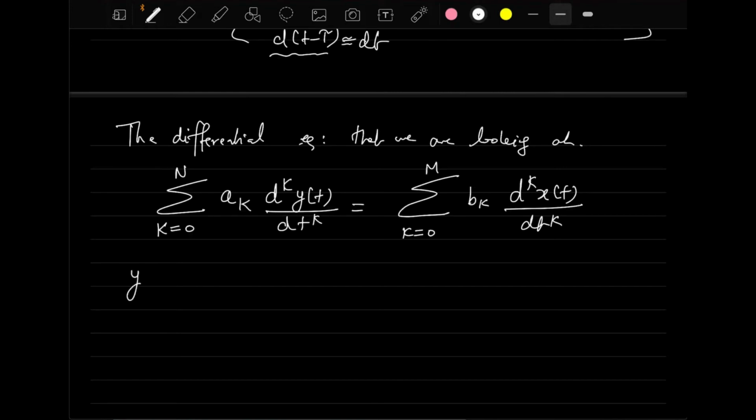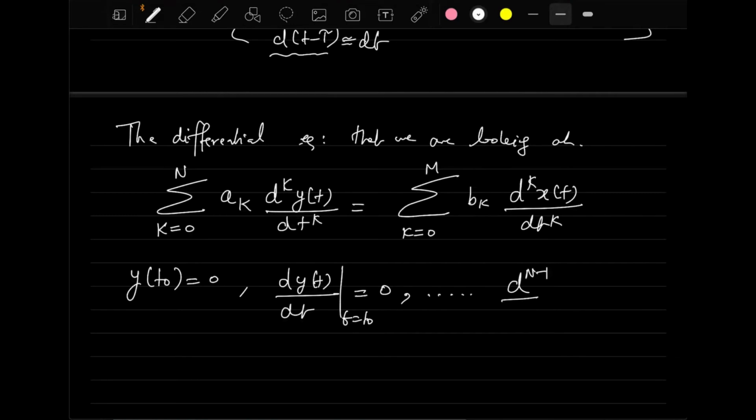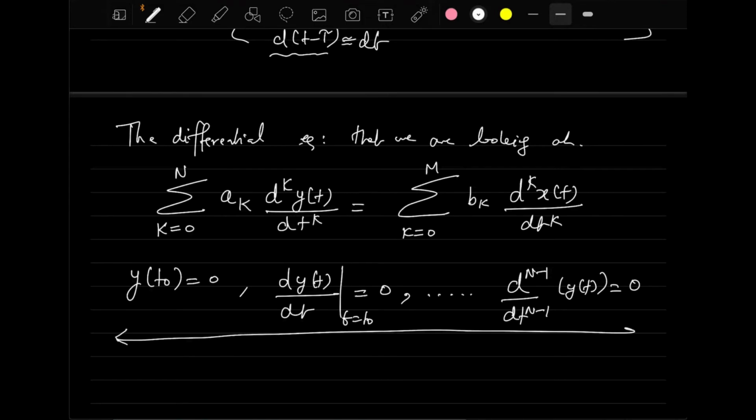That is, your y at time t0 should be 0, and your dy(t)/dt at t equal to t0 should be equal to 0, and like that you have to take all the derivatives at the initial condition as 0. So this is very important in order to ensure the linearity of these differential equations.